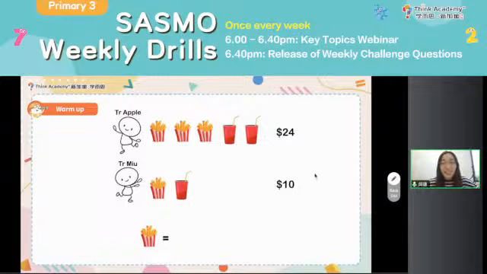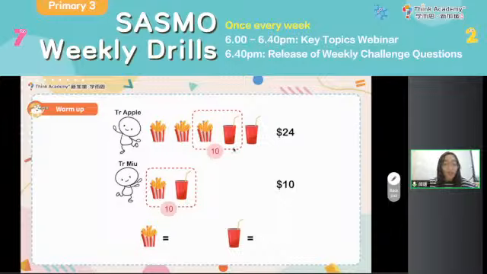But in this way, you can see that actually you can see the group twice. So firstly, we take the shorter one as the group. That is a package of French fries and a cup of Coca-Cola is 10. And then following this, you see one group equals 10. But according to the top one, you will see 2 groups, that is 2 tens.